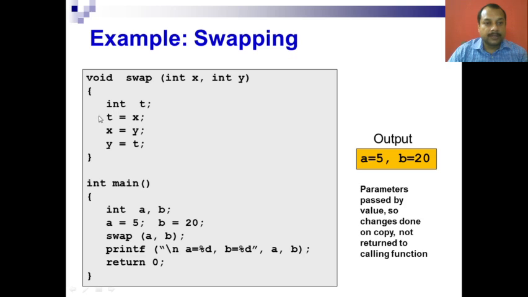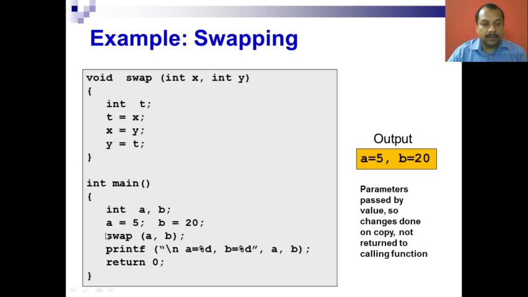After the three statements the content of x and y will be swapped, and that is the swapping function. Since the content of a is copied to x and the content of b is copied to y, after the swapping the content of x will be the content of y and vice versa. Then I am returning from this function.